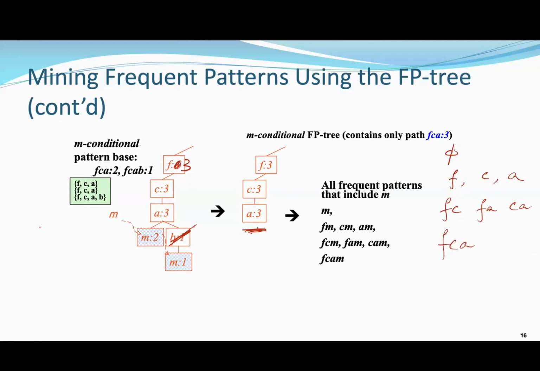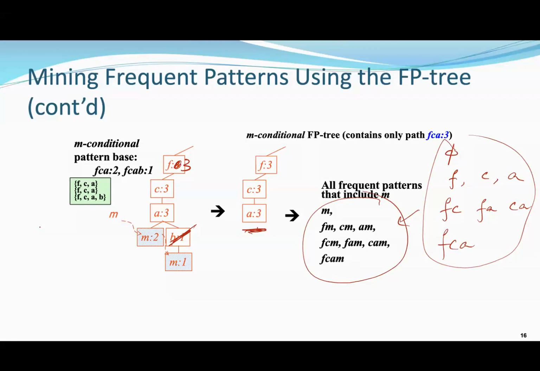But this is conditional on M. So whatever patterns we extract, we should append M at the end. And so this would derive these patterns. Okay, so these are all the frequent itemsets, or sometimes people like to call them frequent patterns, that have M at the end. You understand what I'm saying?